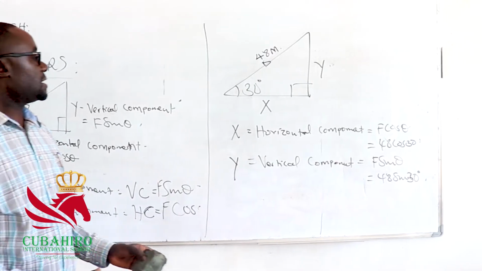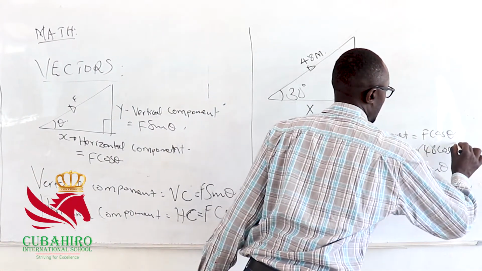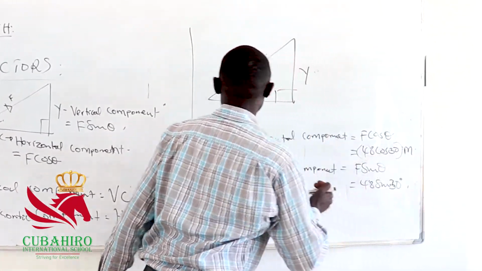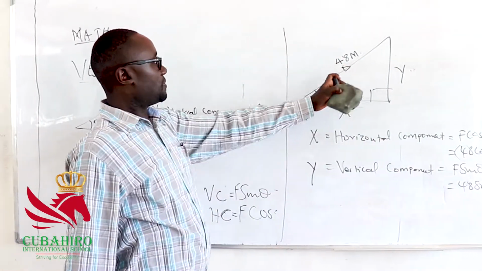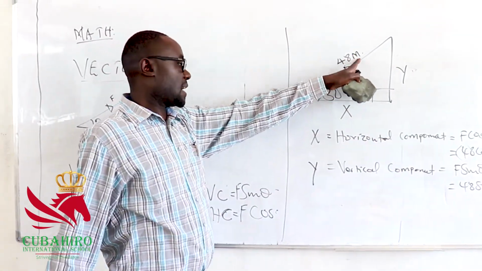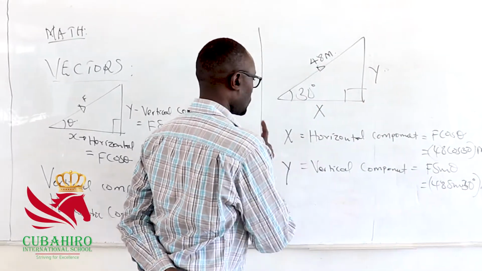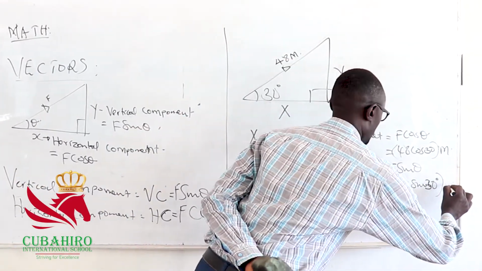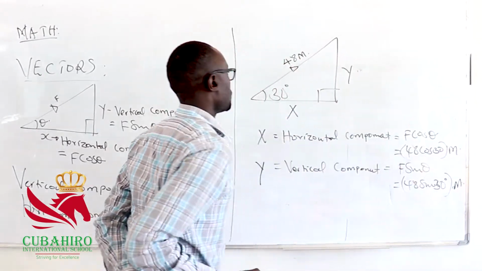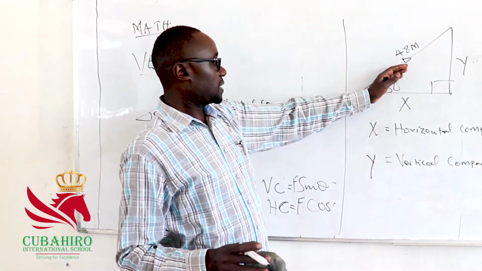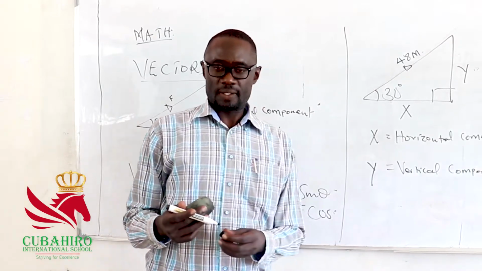Then you go ahead with your calculator and get your answer. The answer should be in meters because our vector was in meters. That's the SI unit. And obviously, y will be in meters as well because our vector was in meters.